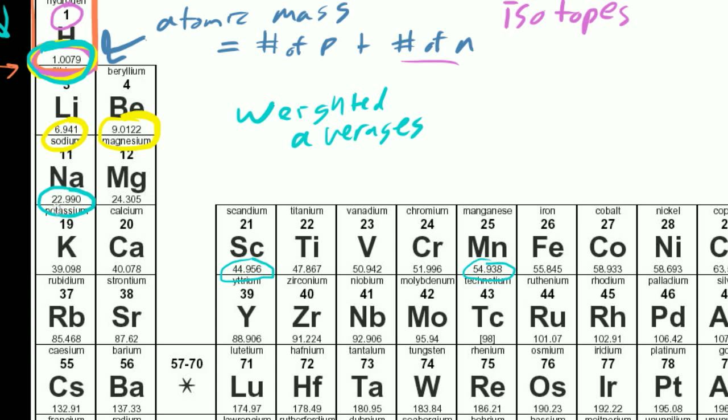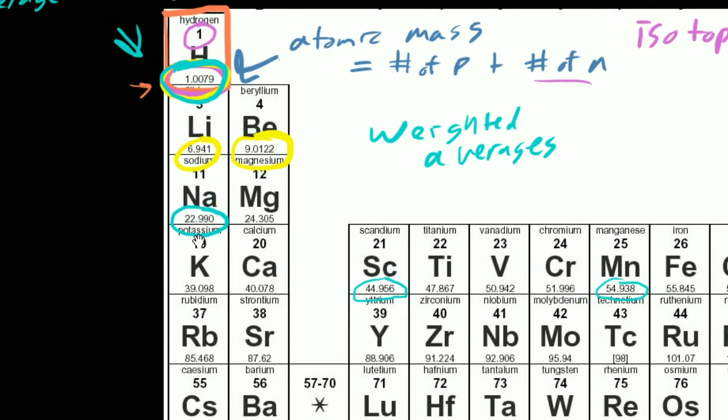So, we can see that this number for our atomic mass of sodium is very close to 23. It's 22.99. So we could probably say that the most common isotope of sodium would look like this. Our mass number would be 23, and our atomic number is 11.